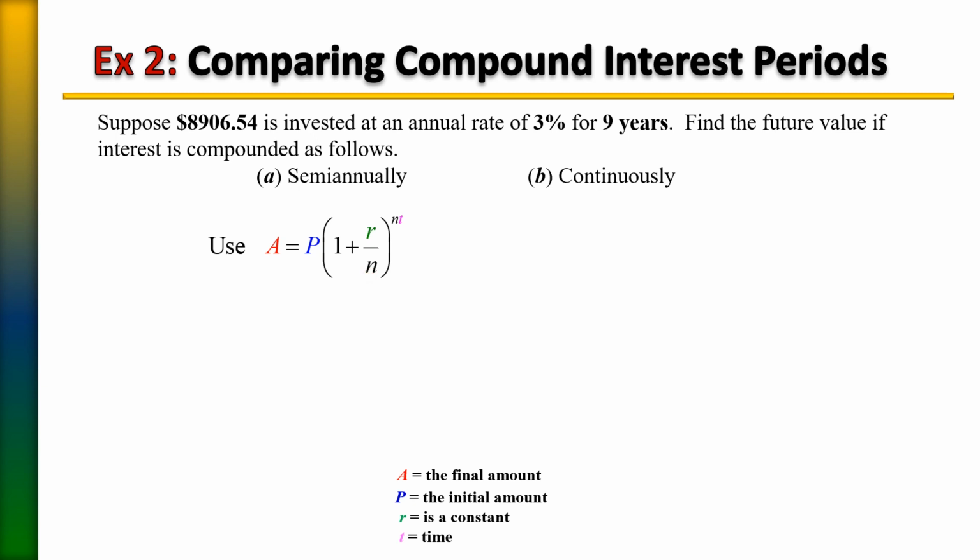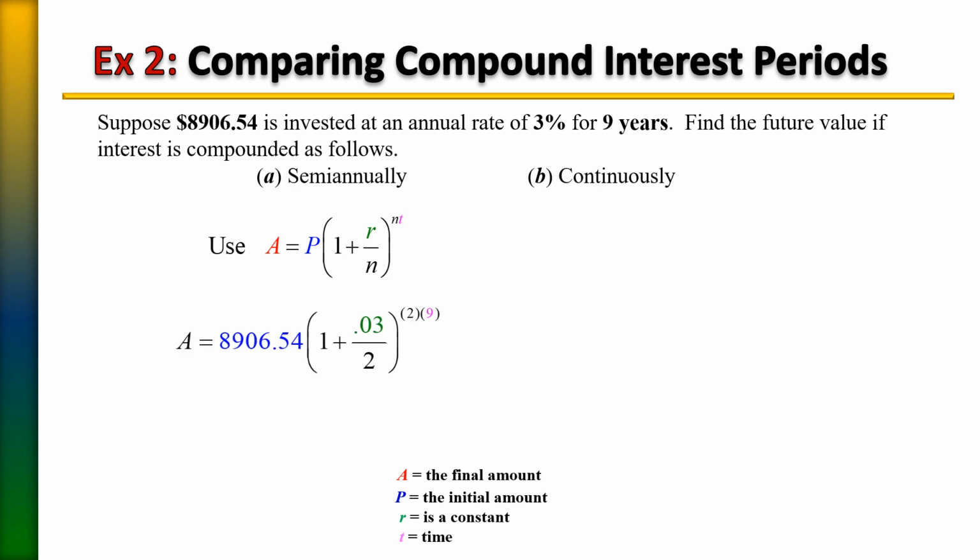What does N mean? Yes, it means the number of times it was compounded. Semi-annually is twice a year, so replace N with 2. You also place a 2 in the exponent, N times the time. The time is 9 years, so 2 times 9 is 18. Ultimately, it's raised to the 18th power.